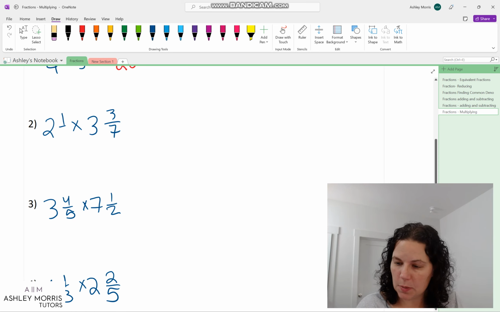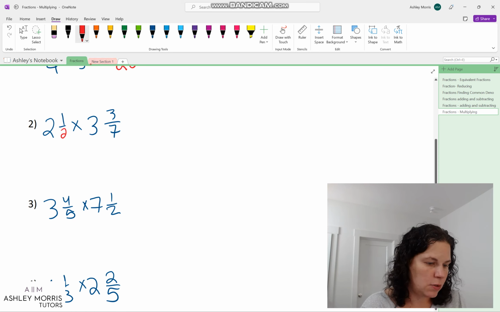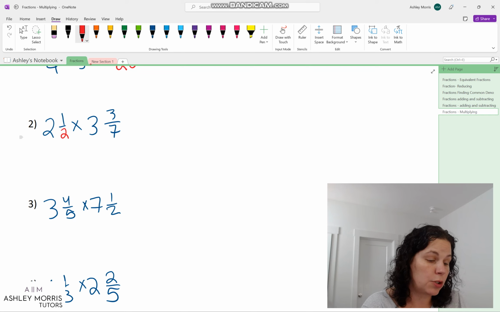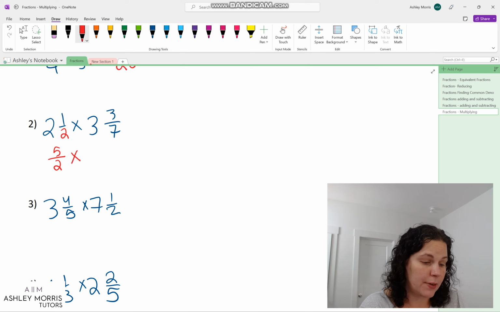Number 2 is supposed to be 2 and a half. So 2 and a half times 3 3/7. Make these improper first. So 2 times 2 is 4, plus 1 is 5. 7 times 3 is 21, plus 3 is 24 over 7.